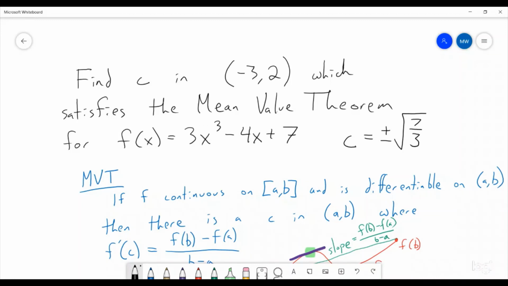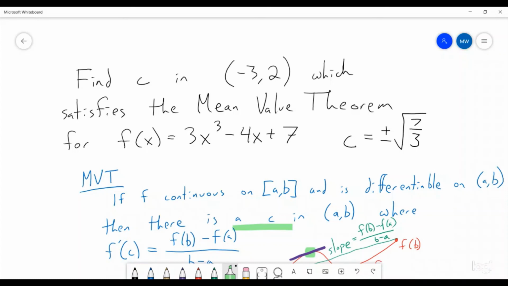Now, quick question. Does that mean that the mean value theorem was wrong? Because the mean value theorem just says that there is a c. Well, it turns out that the mean value theorem just says that there's at least one. It doesn't tell us how many there are or if there's going to be more than one. It just says there is at least one and that it is guaranteed to exist.